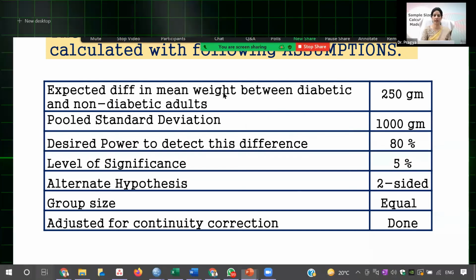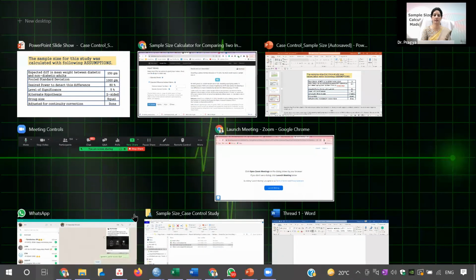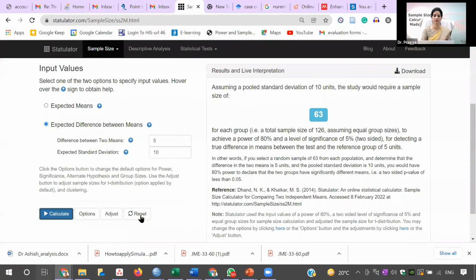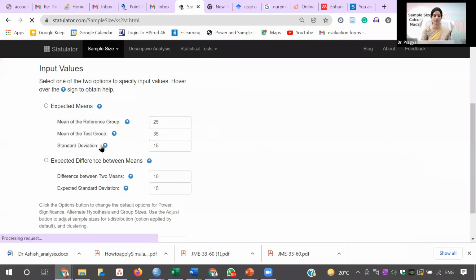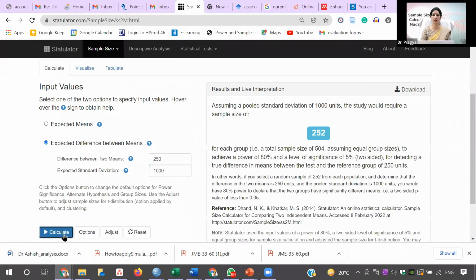So the expected difference is 250. So I reset this. Mine is taking longer. So 250 is the expected difference between the two groups and 1000 is the pooled standard deviation. If you calculate, yes, you are right, it's 252 in each group.